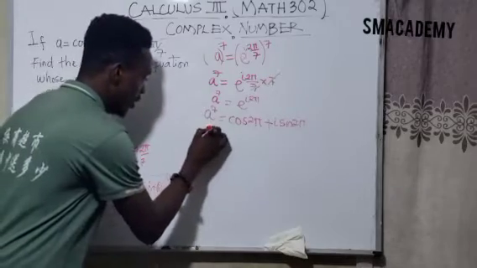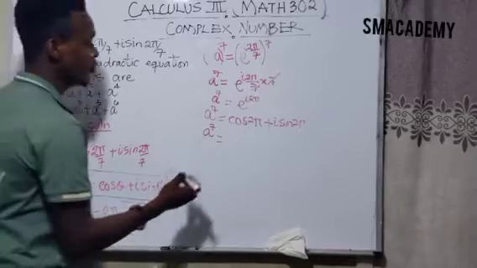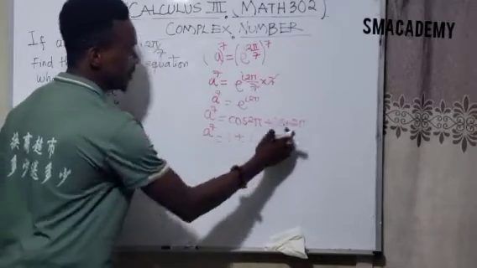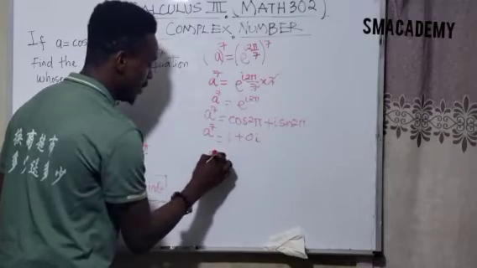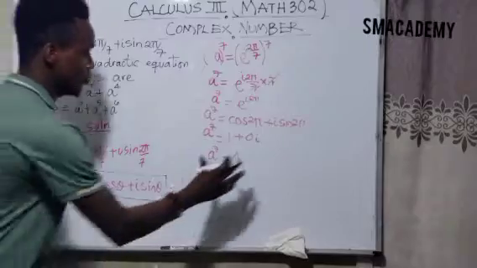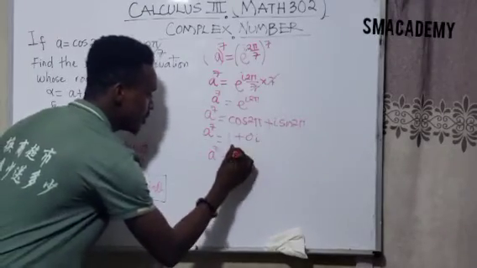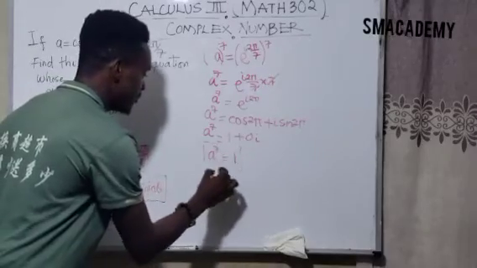So we'll have a to the 7th power equal to cos of 360, which is 1, plus i sin of 360, which is 0. So a to the 7th power is equal to 1. So this is our main result.